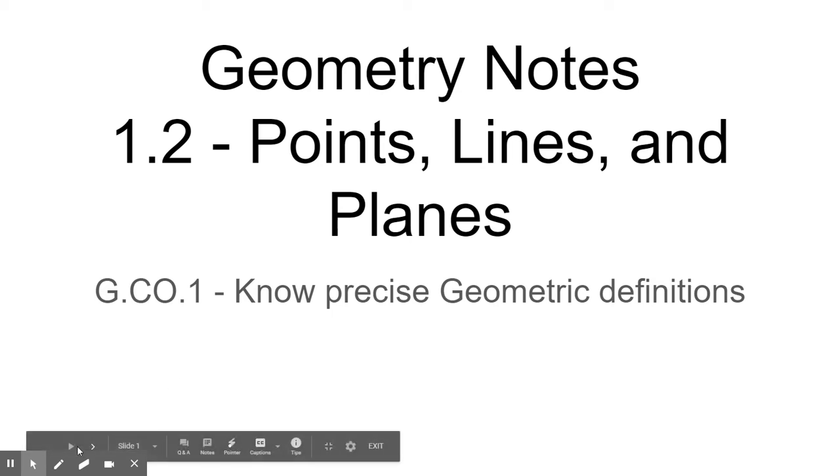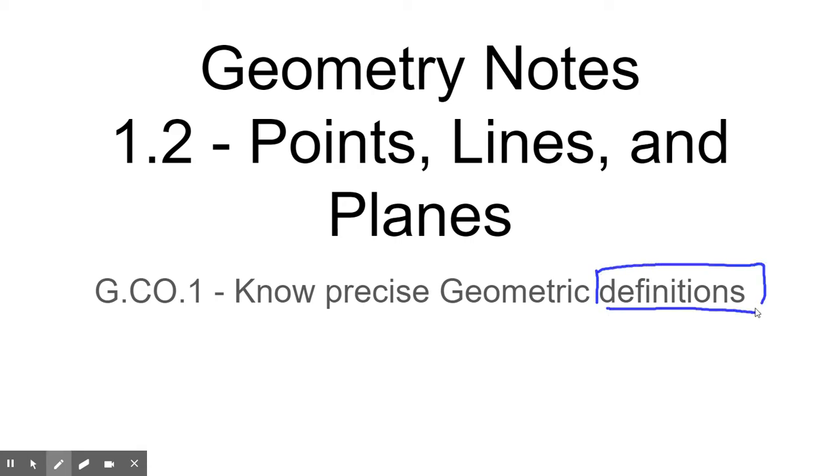Okay. So on this slide here, to me, the most important word is this idea of definitions. Geometry, more so than any other math class you've taken, is very, very reliant on vocab. Every geometry teacher will warn you at the beginning of the year: vocab, vocab, vocab. Those who heed the warning early, I think, are more successful in this class.